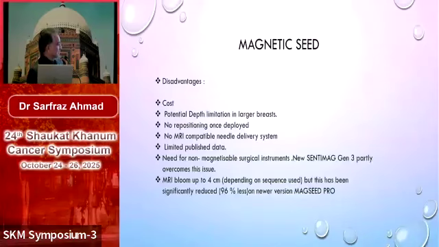But the manufacturer says the new Sentimag Generation 3 partly overcomes this issue. MRI bloom artifact with older magnetic seeds was 4 centimeters, but now with the new Magseed Pro, it is far less.